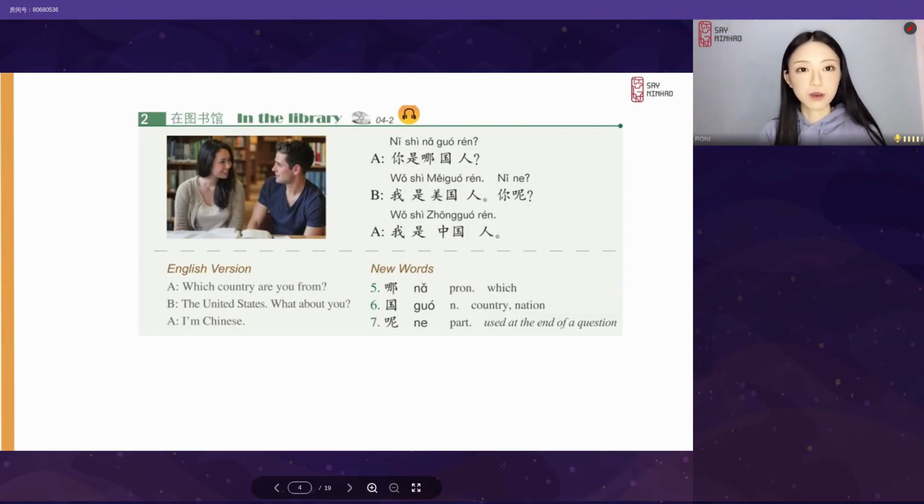Now let's switch the role. You will be A and I will be B. Okay? 3, 2, 1. 我是美国人，你呢？Excellent, excellent. Now let's move on to the last text, text 3.